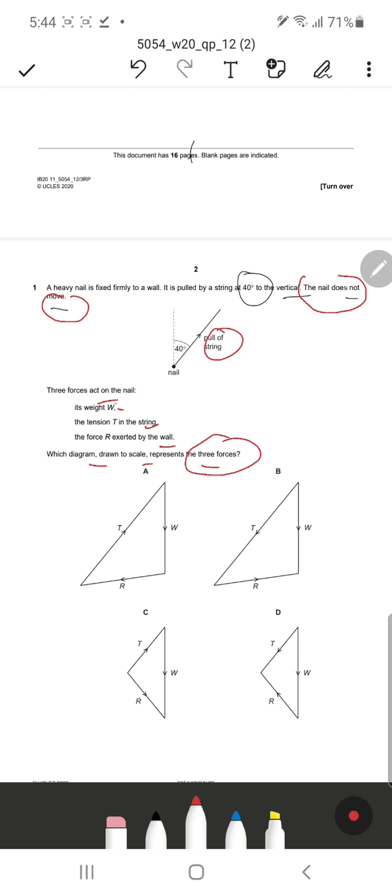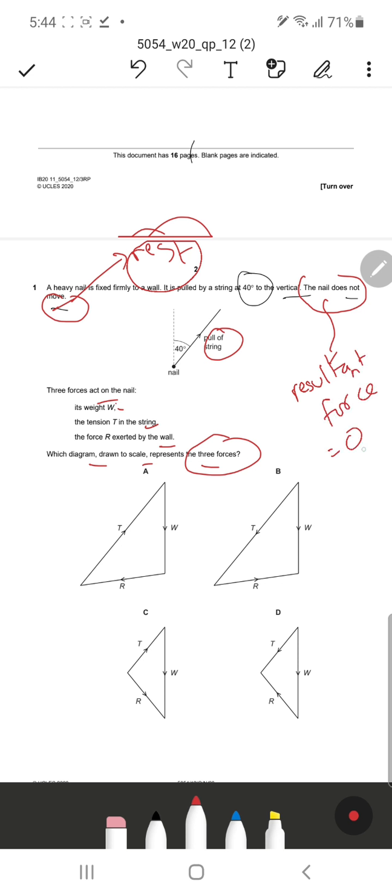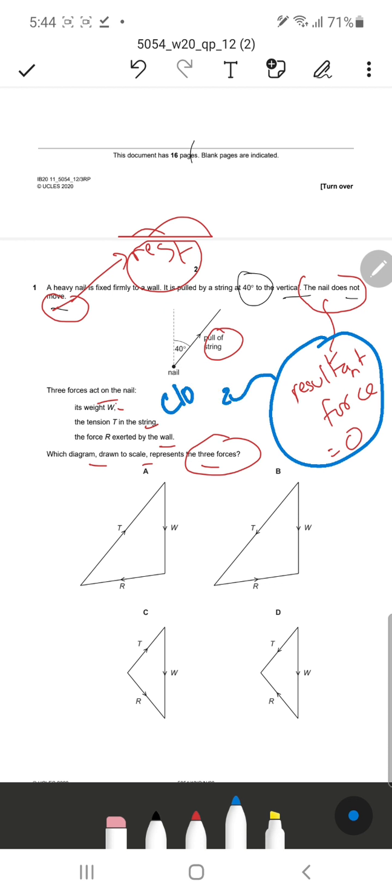One thing we need to understand: since the nail does not move, it's at rest, or it cannot be moved by any of these forces. So this means that the resultant force on the nail is equal to 0. This is a key concept: whenever the resultant force equals 0, we are going to get a closed polygon.